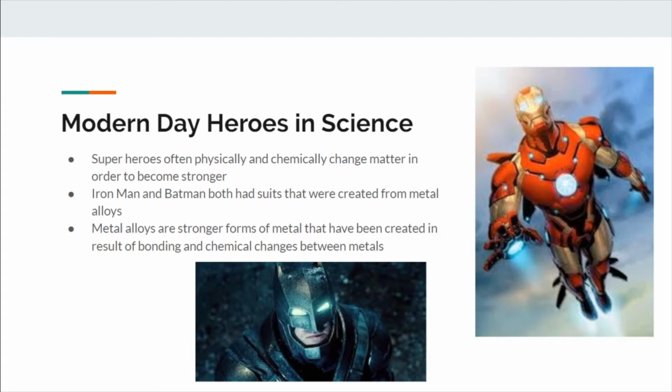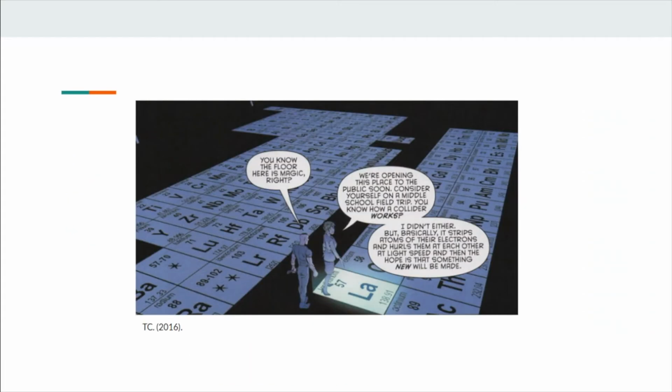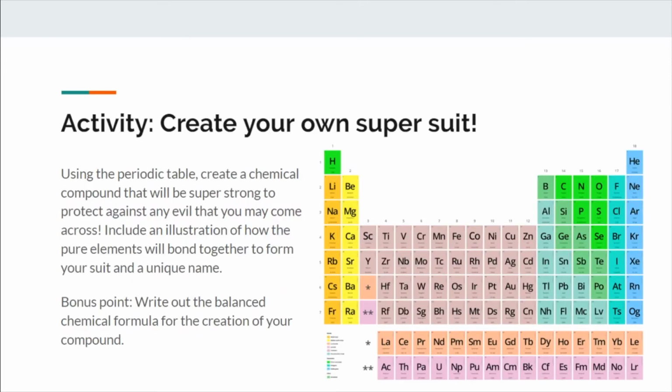So how will the students be able to bring this theme into the classroom? One of the activities that the students will be completing during this unit is to create a super suit that they think will be very strong like the superheroes that they may read about or watch on television. The students will create their suit with a compound based on the physical and chemical properties of the pure substances that they combine to create their own alloy.